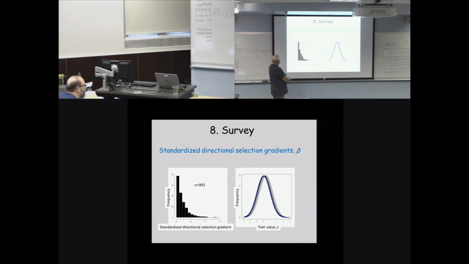So this is a distribution of standardized betas, and this is what I was alluding to a little while ago. We have that same kind of negative exponential distribution. I've standardized the traits so they have a unit phenotypic variance before selection, so the effects of beta are in units of phenotypic standard deviation.